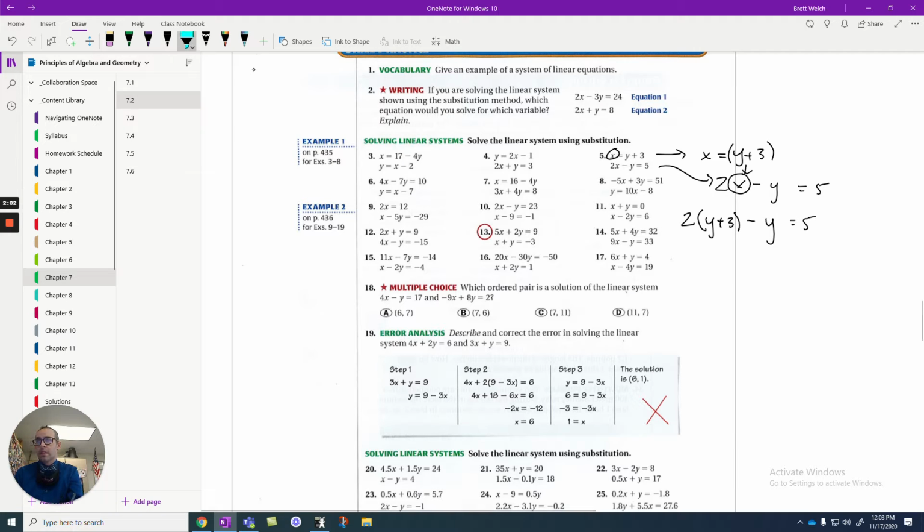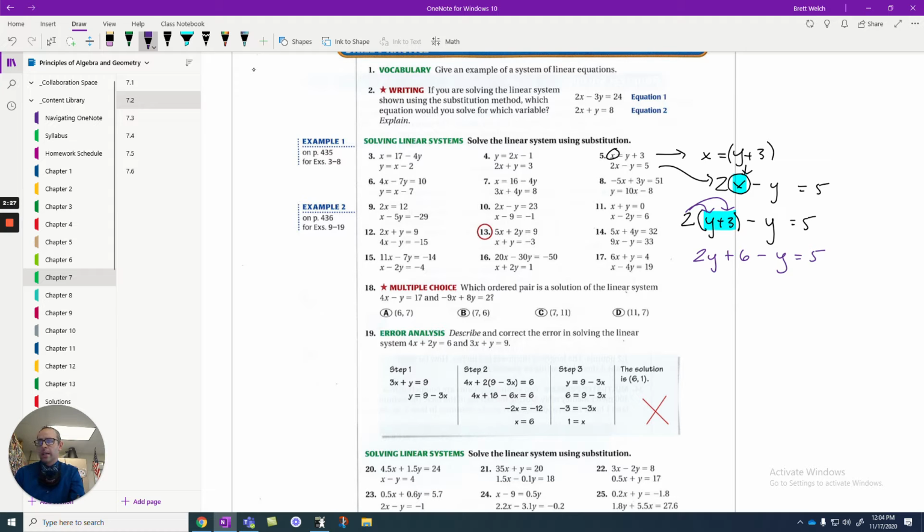Notice with me that the x has been replaced, but nothing else in that second equation changed. Now I do have to do a little bit of cleanup. For instance, I'm going to have to distribute this 2 and multiply it by each of these to produce 2y plus 6, still minus y equals 5.